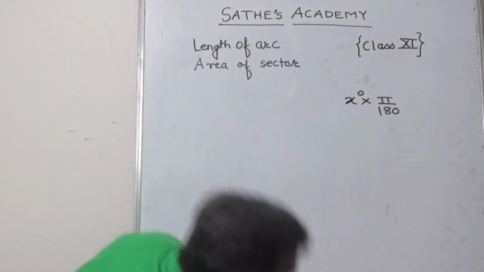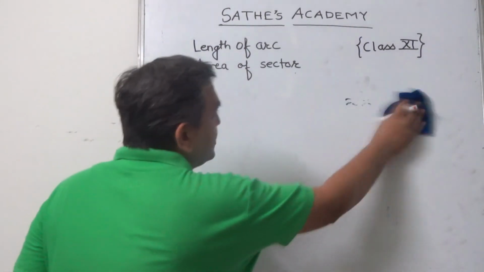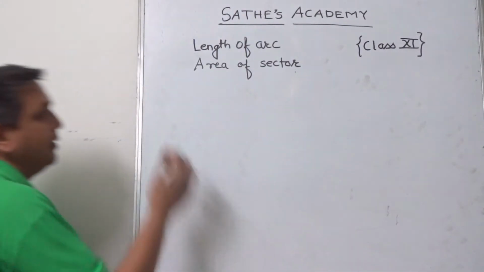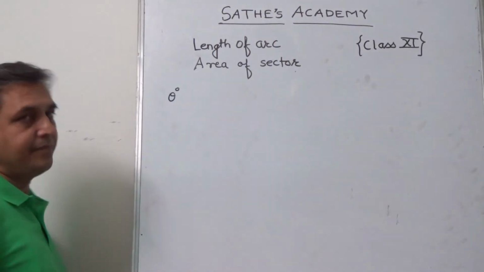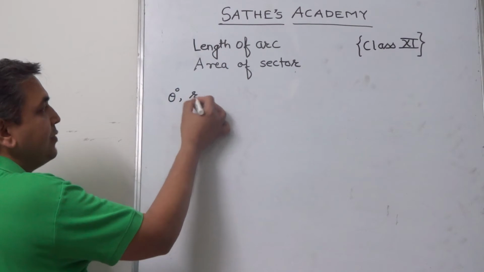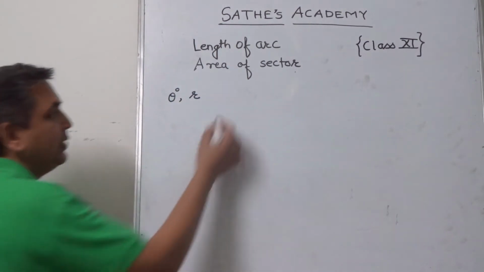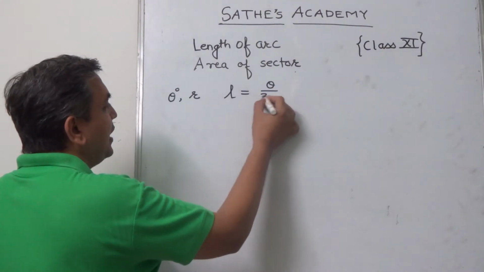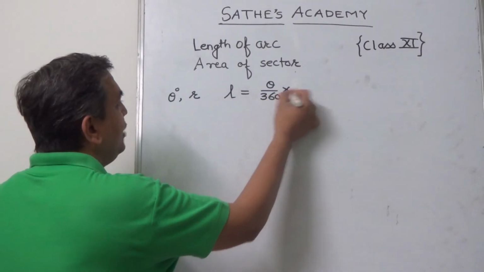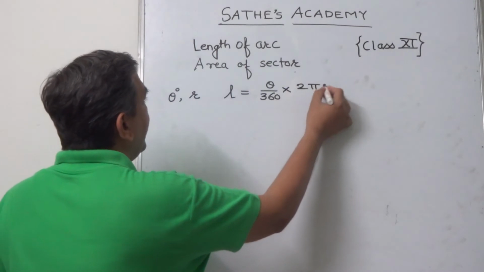Now using this, we try to find these two values. If theta is the central angle in degrees, r is the radius of the circle, then we know the formula for length of arc is theta upon 360 into 2 pi r.